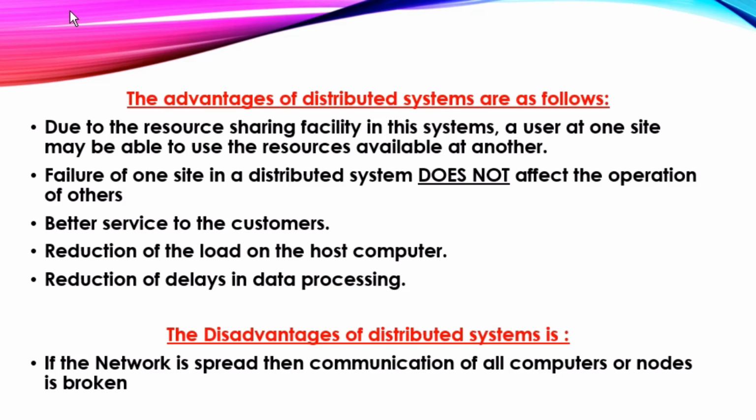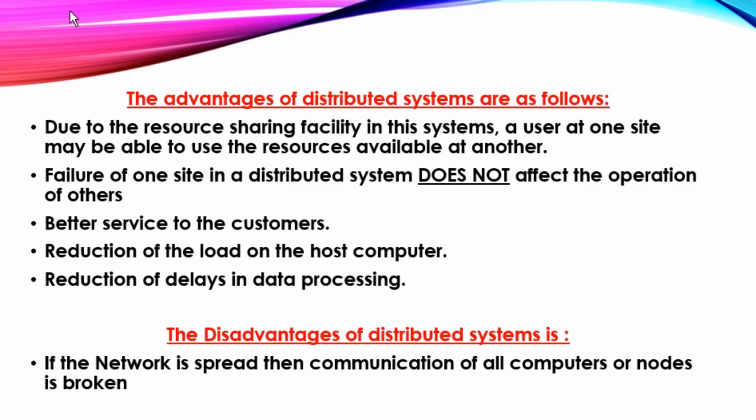This operating system offers better services to the customer. It has led to the reduction of the load on the host computer and also reduced the delays in data processing. A disadvantage of this distributed system is, if the network is spread, then communication of all computers, nodes, or sites is broken.